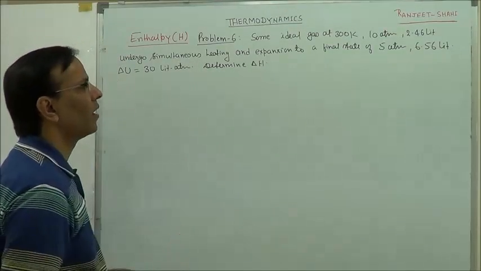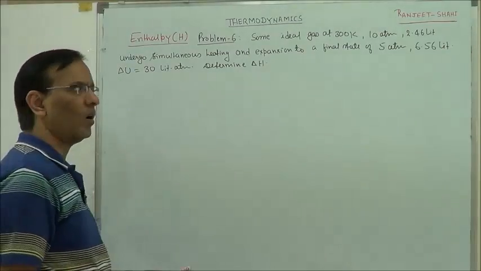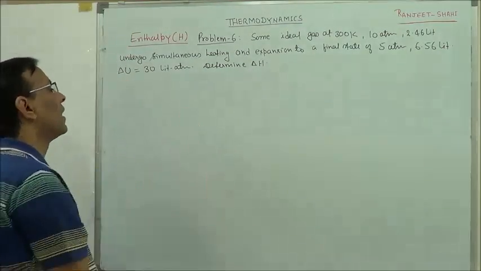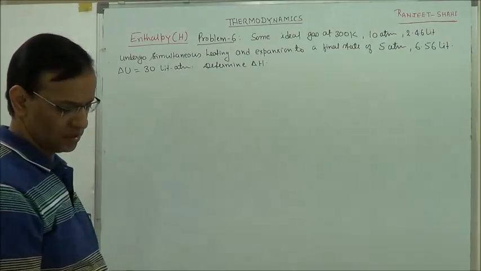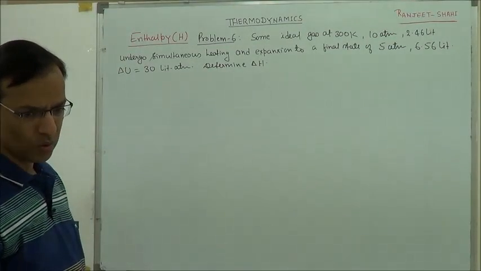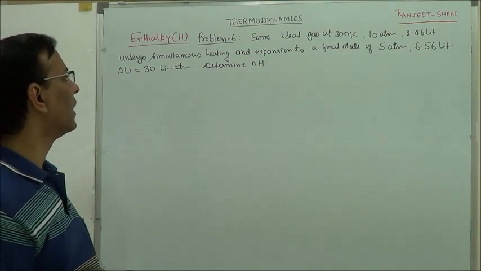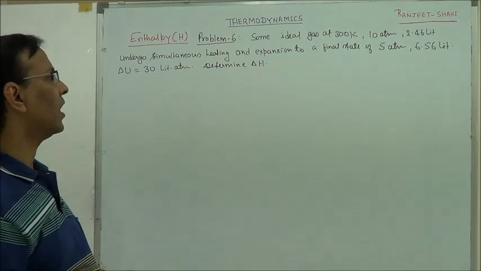There are two fundamental ways to attempt this problem. One is, delta U is given, so Cv can be known, from which Cp can be known, and then delta H can be known.